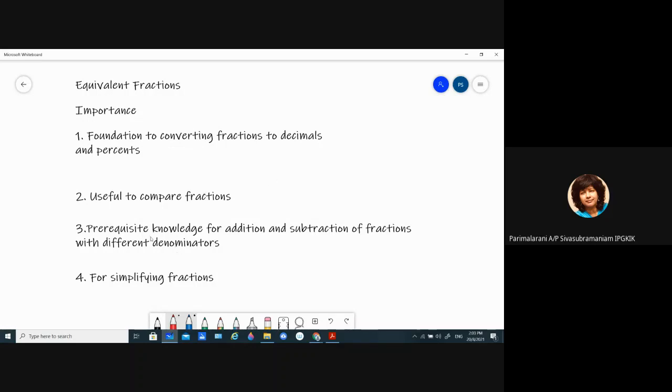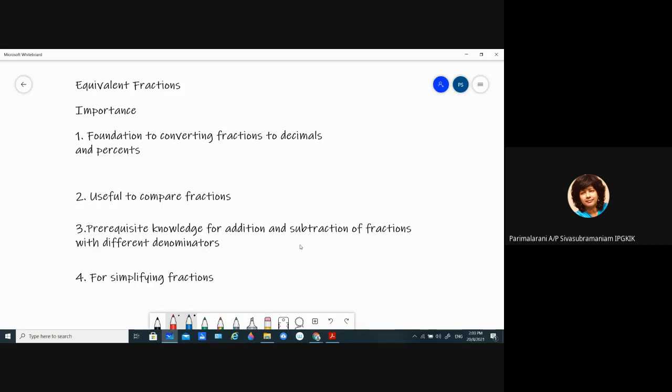The second reason why students should learn equivalent fractions is that it is extremely useful to compare fractions. All algorithms for comparing fractions depend on equivalent fractions. Third, it is the prerequisite knowledge for addition and subtraction of fractions with different denominators.